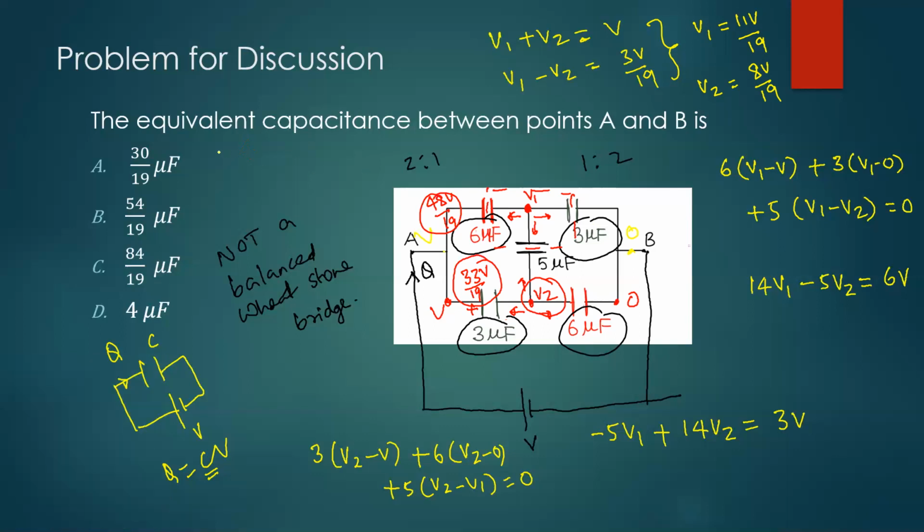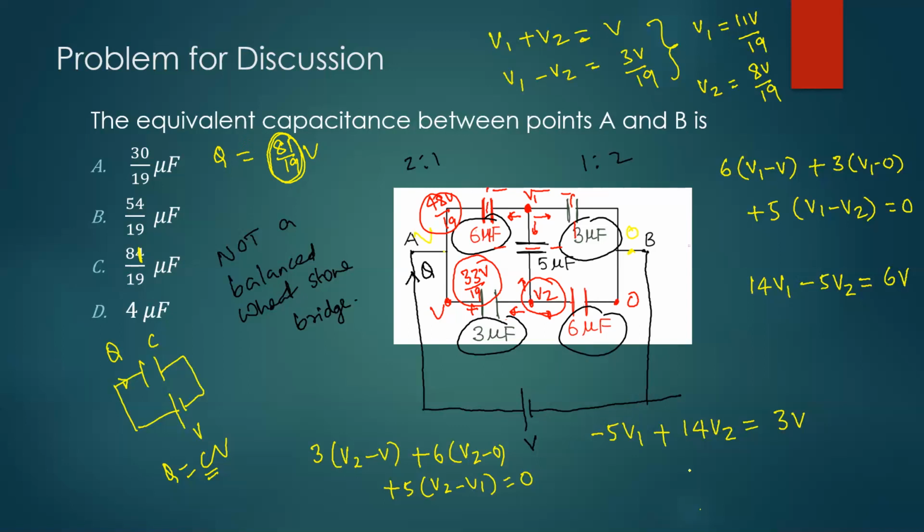So the total charge transferred by the battery is 48 plus 33, which is 81. So 81 by 19 V. That means this number should be the capacitance. So I think this should be 81 by 19, and C is the answer, provided it is 81 by 19.